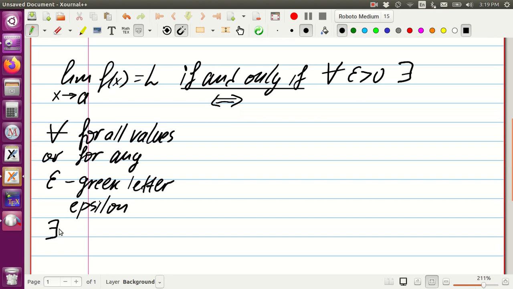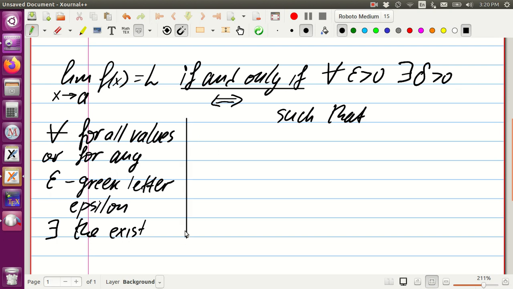This symbol means there exists. There exists delta greater than 0 such that 0 less than the absolute value of x minus a less than delta.